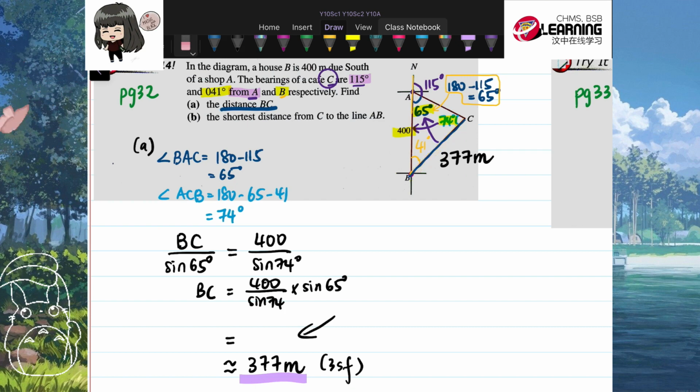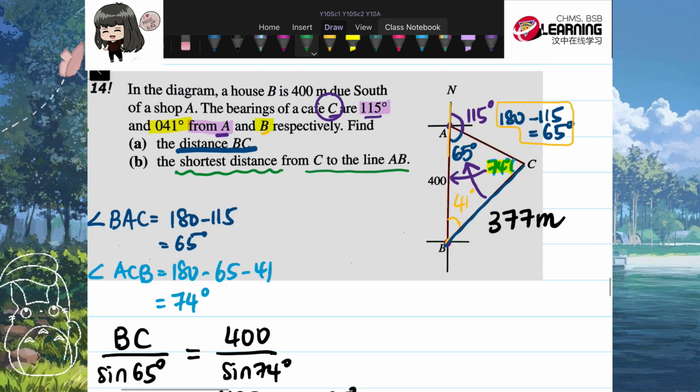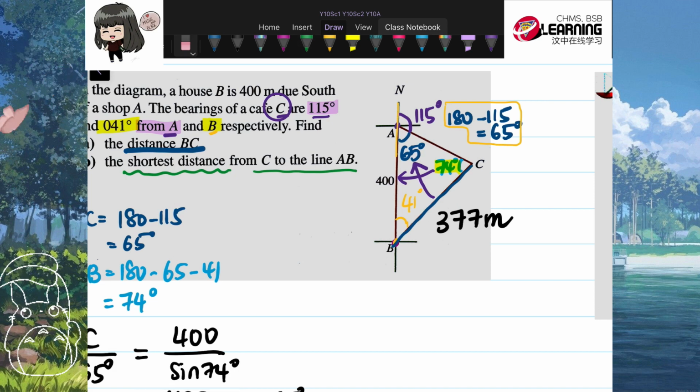Next question, they're asking you to find the shortest distance from C to the line AB. I'm going to erase everything, this one also. From C, you need to draw a dotted line, because the shortest distance forms a 90 degree angle.